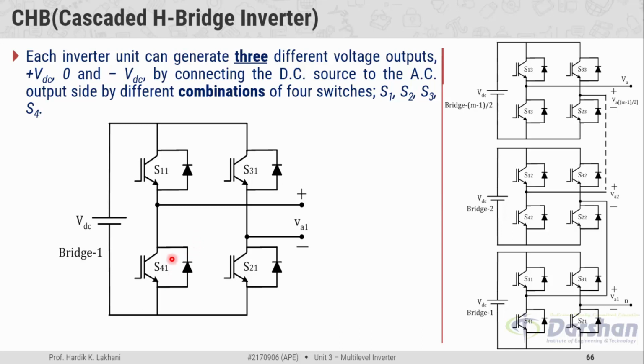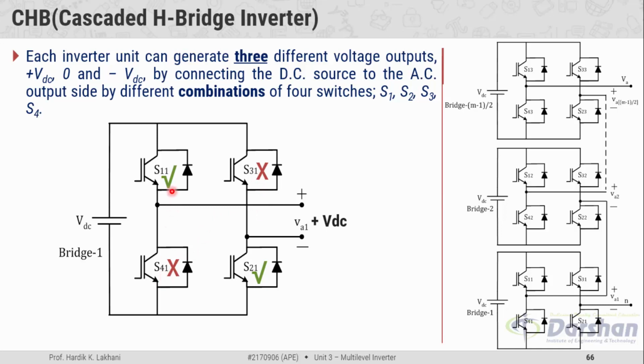So if I want to produce plus VDC across the output terminal, then out of these 4 switches, which switches must be triggered? The answer would be S11 and S21. These two switches must be triggered simultaneously while keeping S31 and S41 in the off state.